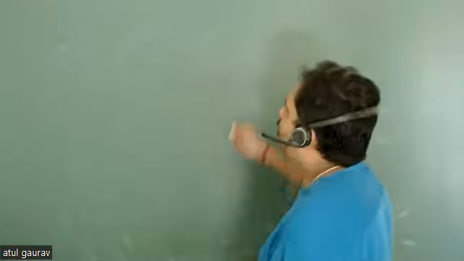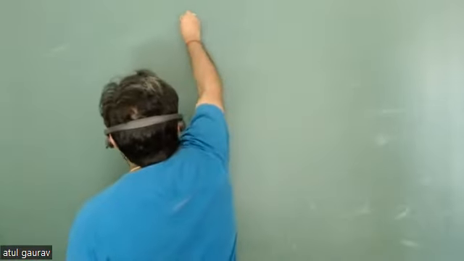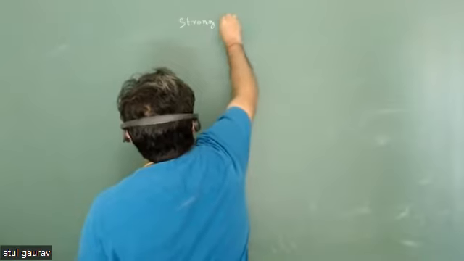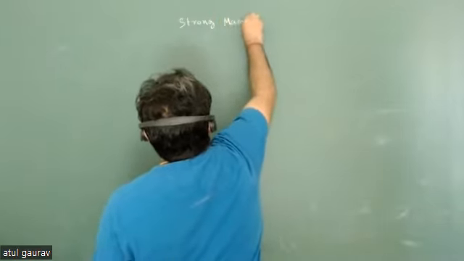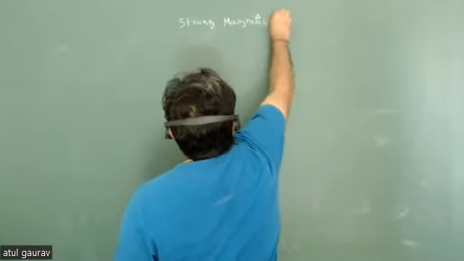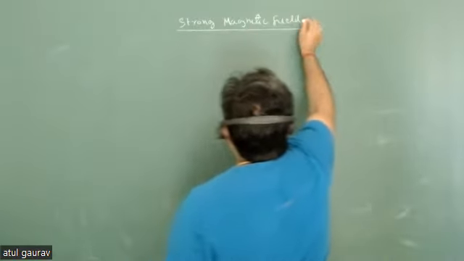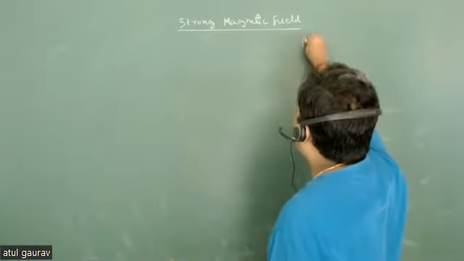Now look at here, and you will have to understand this in a somewhat interesting way. This is your strong magnetic field.